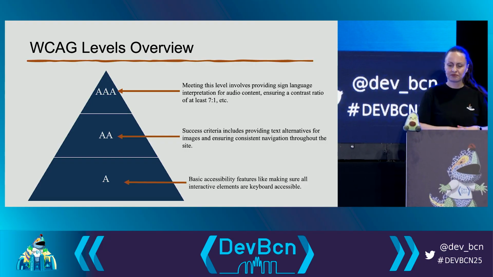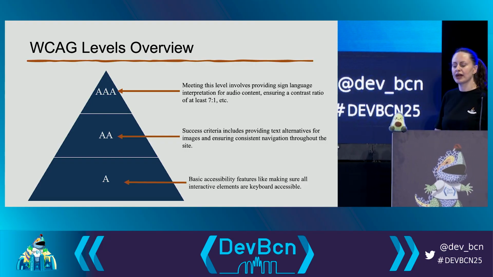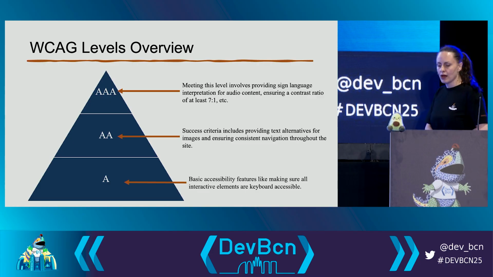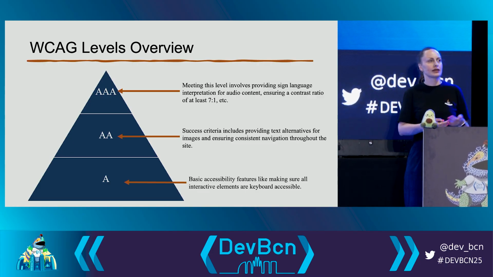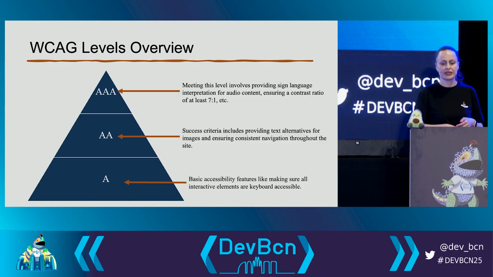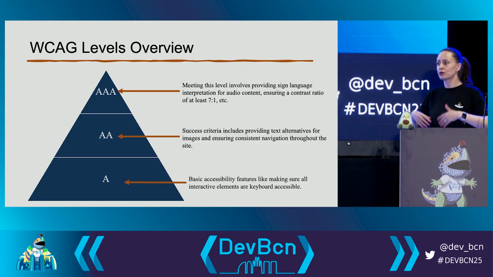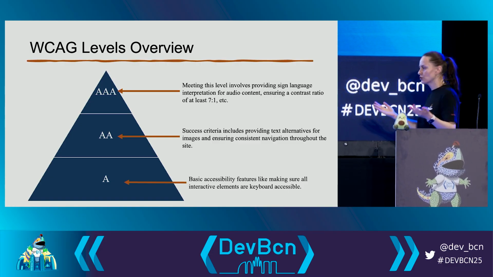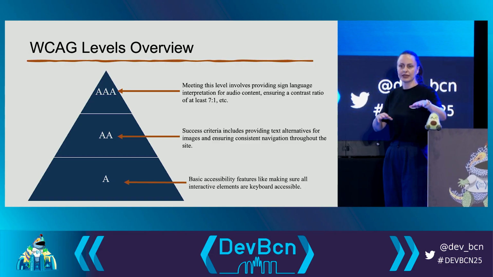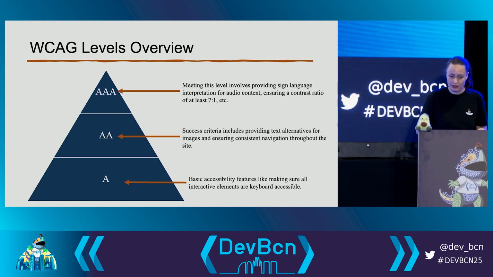Meeting that one means that you have no significant barriers in how your users are accessing your content. So this level requires text alternatives for your videos, for your 3D models, for your images, and making sure that anything interactive in your website is keyboard accessible.